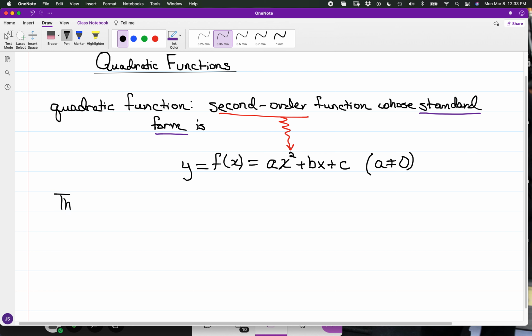In the vertex form of a quadratic function, you're still going to work with the letter a. This would be another way of saying the exact same thing.